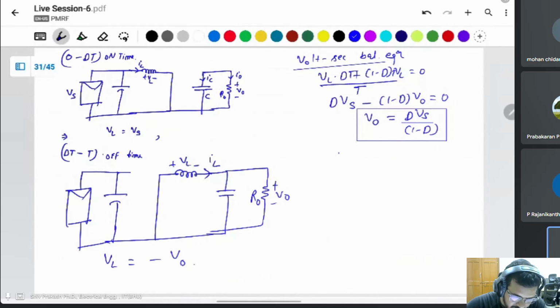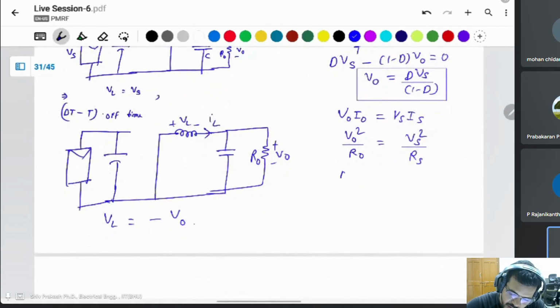Same thing, use the input-output power balance: Vs Is equals Vo squared divided by Ro, so Vs squared divided by Rs. Vo is D divided by (1 minus D) times Vs, so Vo squared divided by Ro is D squared divided by (1 minus D) squared times Vs squared divided by Ro. Sorry, Ro.